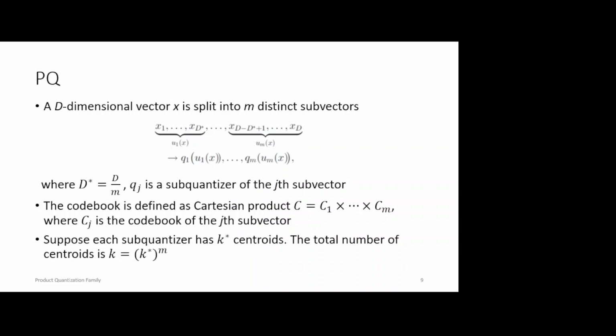So you can imagine that we divide the original d-dimensional vector into n subspaces, and for each subspace we build a quantizer. Here are some notations: d star means we divide the original dimension d into n segments, so each subspace now has dimension d star. And Qj is the subquantizer of the jth subvector.